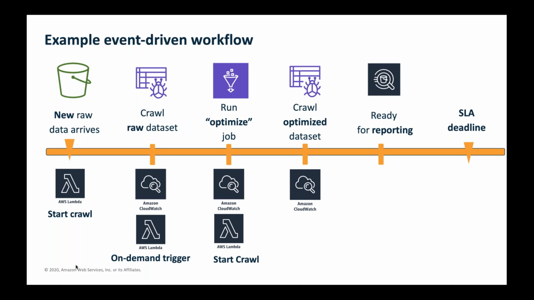And so let's look at an example of an event-driven workflow. In this event-driven workflow, it's going to be triggered by new data hitting a bucket. So we've got an S3 bucket. Let's say some new data has arrived in that bucket. S3 has triggers built in, so anytime there's a new object placed, it can invoke a Lambda function on your behalf.